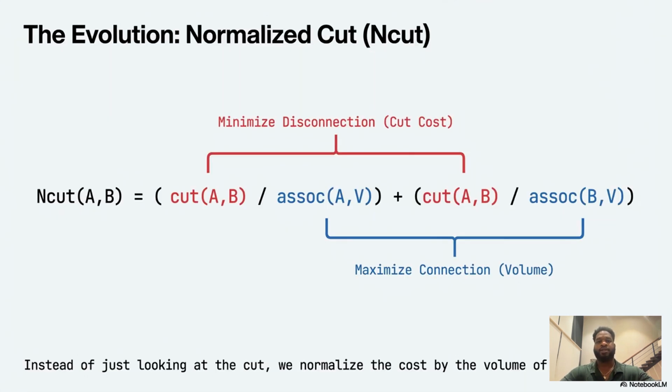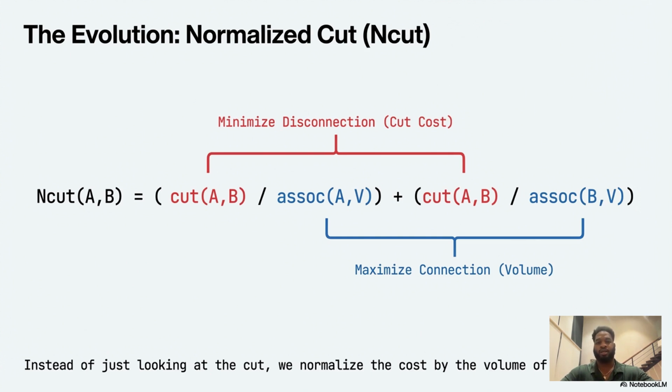So how does the normalized cut use this? It's simple, but it's totally brilliant. It takes that same old cut cost from before, but then it divides that cost by the association of the groups it's creating. In other words, it's adjusting the price of the cut based on how big and important the resulting pieces are.